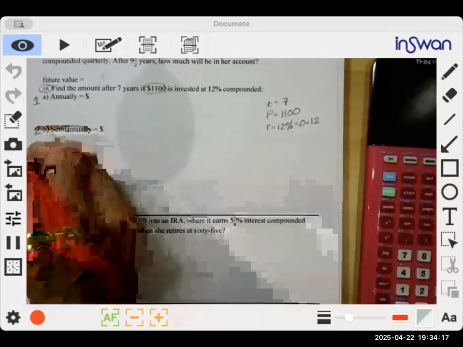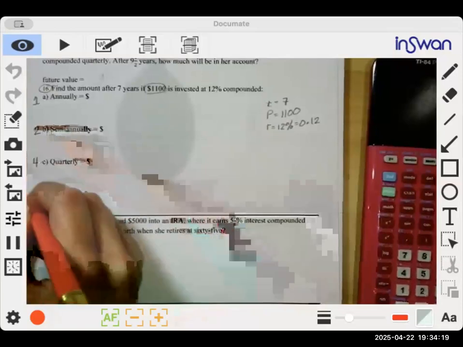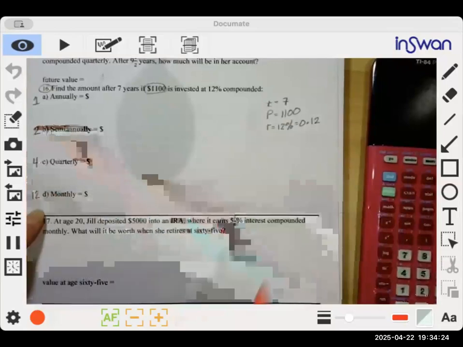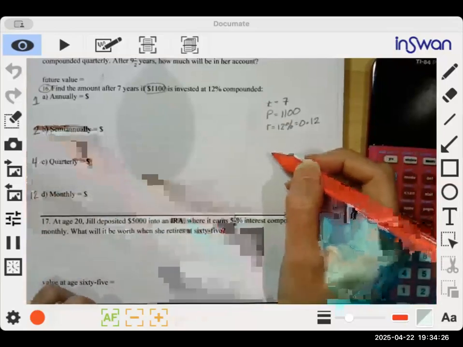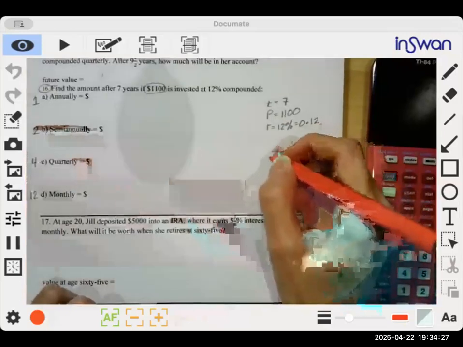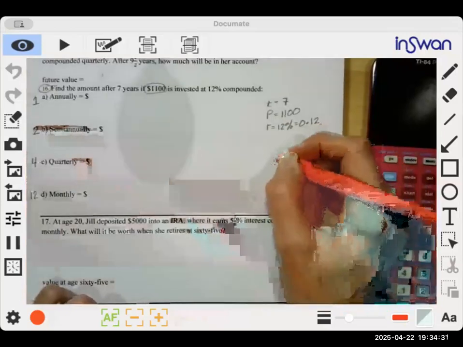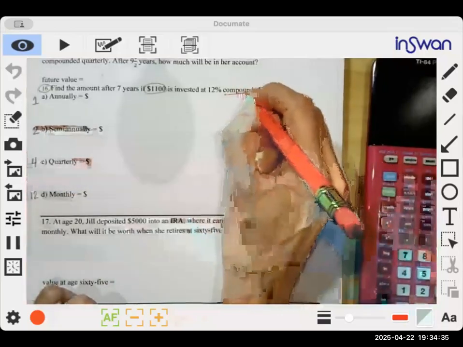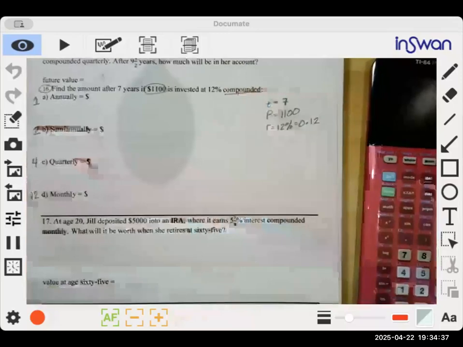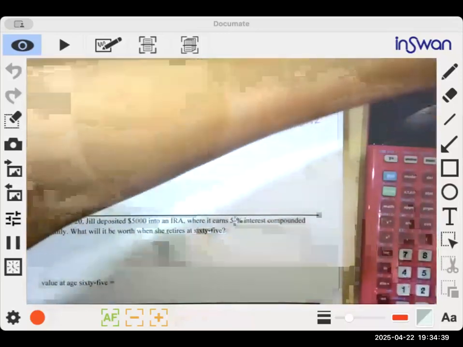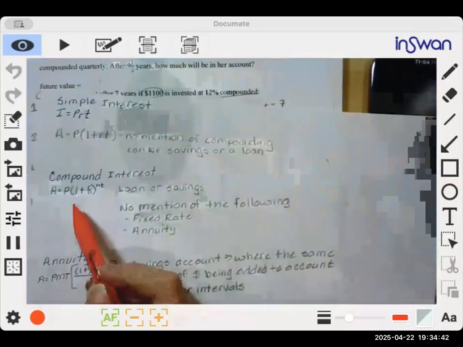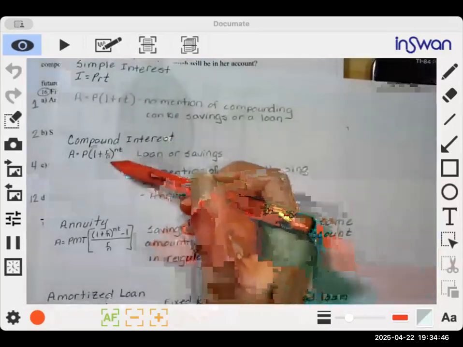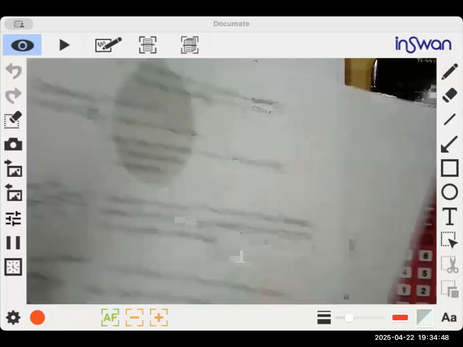Quarterly, think 4 quarters in a dollar. And monthly, there are 12 months. So we are just going to use the formula because it is being compounded. But it doesn't say anything about annuity or amortized. It just says compounded. We're going to use the compound interest formula.